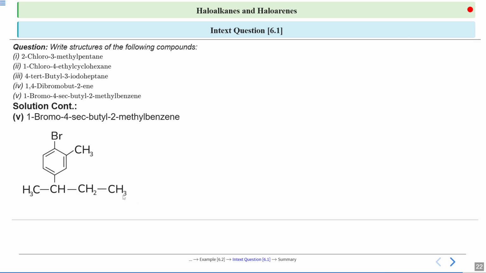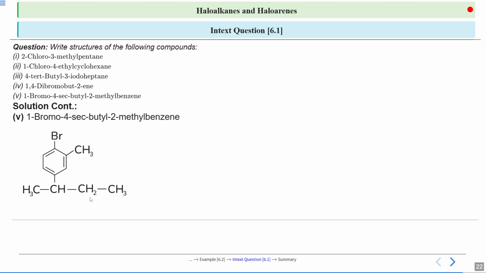That means a 4 carbon chain, and the carbon that is going to attach with the fourth carbon in the benzene is going to be a secondary carbon, because that carbon is also going to attach with another 2 carbons. Okay, that's why we are writing secondary butyl, to justify which carbon of this butyl forms the bond with the fourth carbon of benzene.